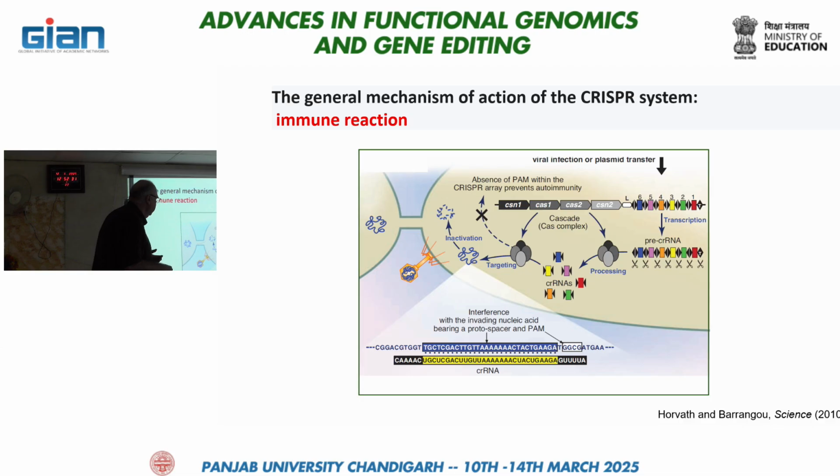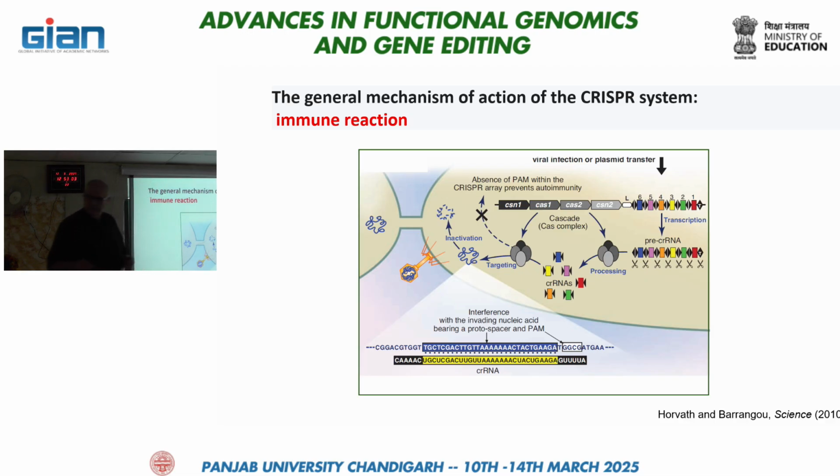This is because of the complementarity of the CRISPR RNA fragment to the sequence of the phage or plasmid. The only thing you need to obtain cleavage is the PAM sequence, a short sequence needed for cleavage of the invader's DNA.